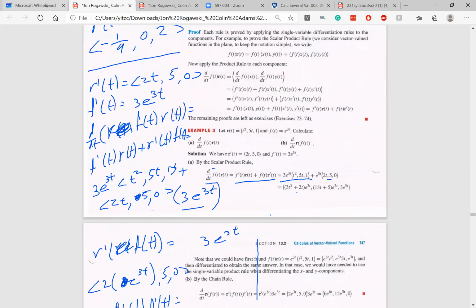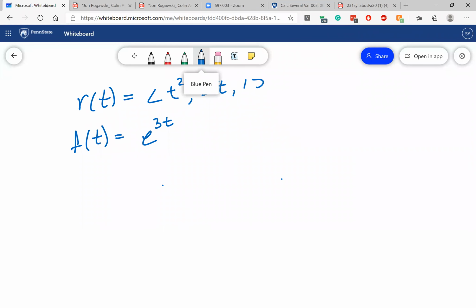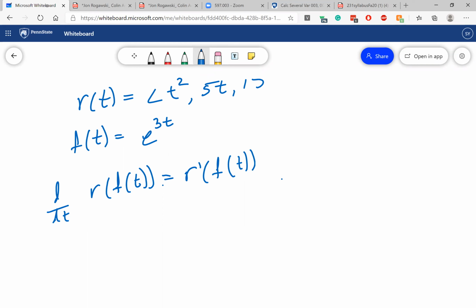So if we want to find the derivative of r of f of t, this is going to be equal to r prime of f of t times f prime of t, by the chain rule.